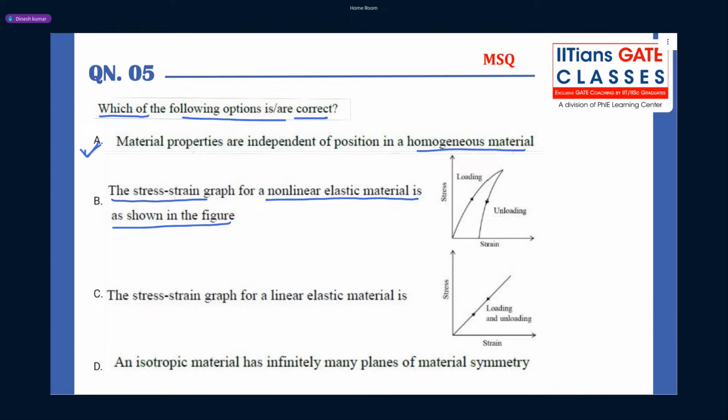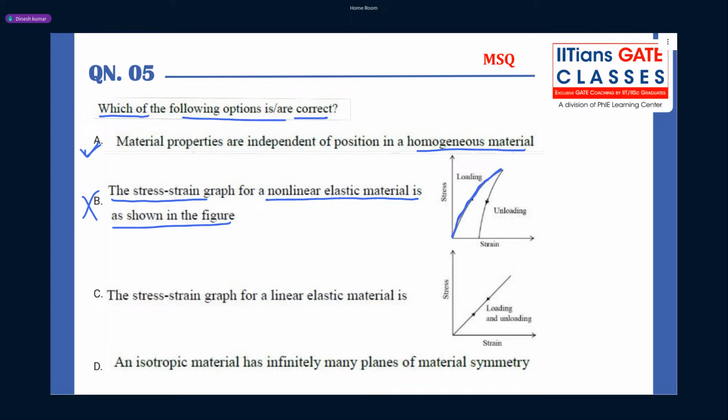They follow the same path of loading and unloading. That is the property of an elastic material. But here you can see the loading and unloading are different, so B is wrong. Clear?